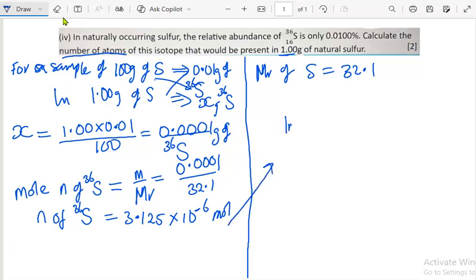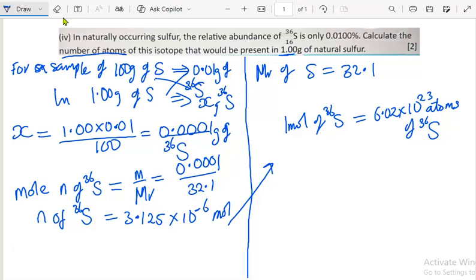Remember, 1 mole of sulfur-36 contains 6.02 times 10 raised to the power 23 atoms of sulfur-36. Remember that rule?